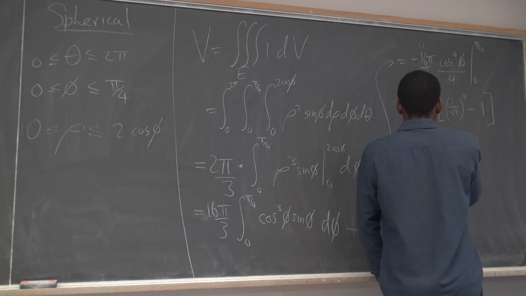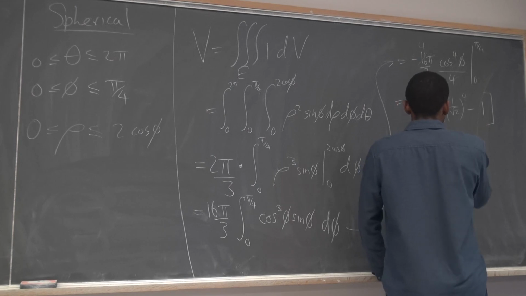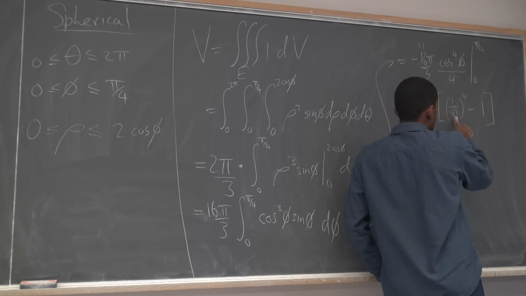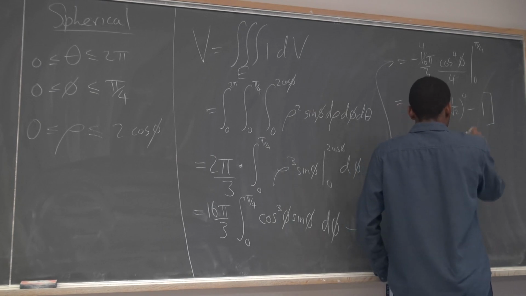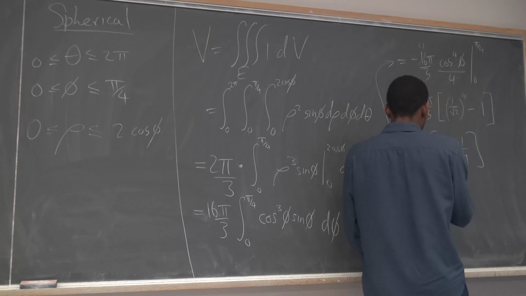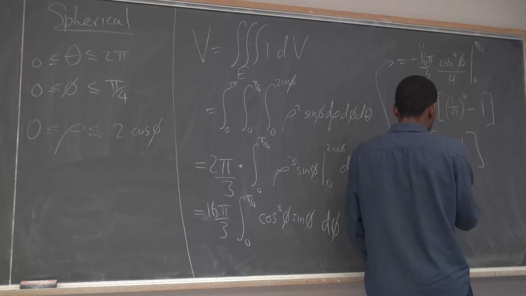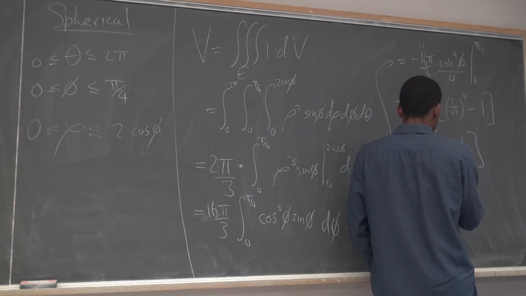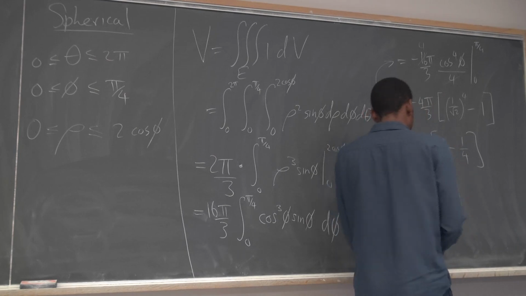So this is 4 pi over 3 times 1 minus 1 over 4. So this is 4 pi over 3 times 3/4. So it's just pi.